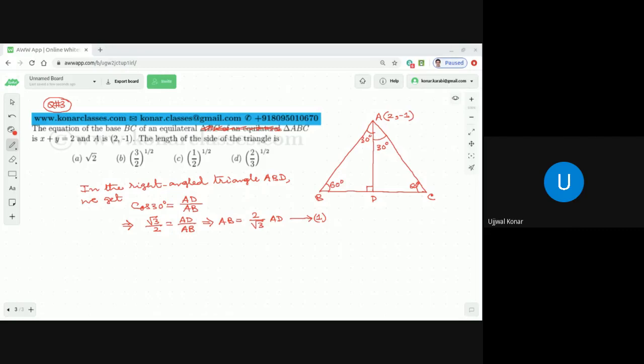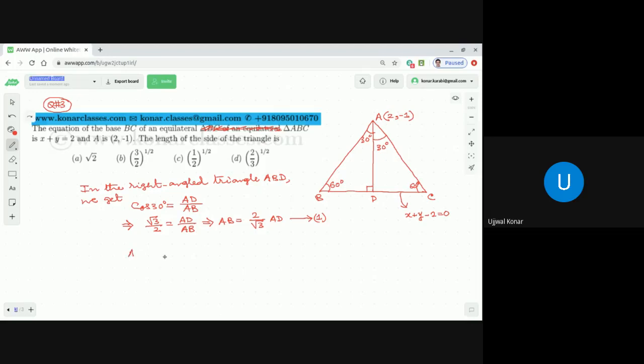We learned when we discussed the theoretical portion the perpendicular distance from a point to a straight line. So the perpendicular distance from the point (2, minus 1) to the straight line BC, whose equation is x plus y minus 2 is equal to 0, gives us the value of AD.